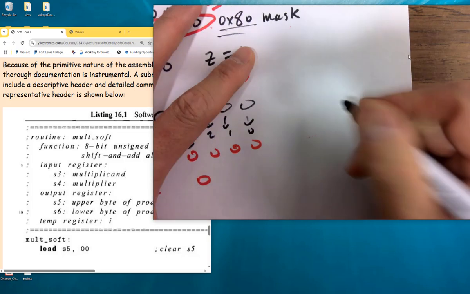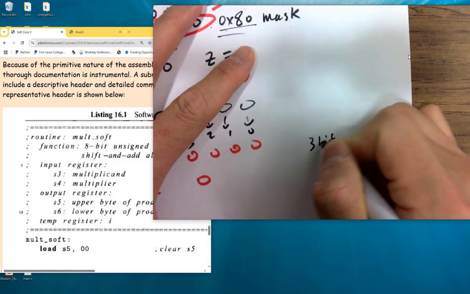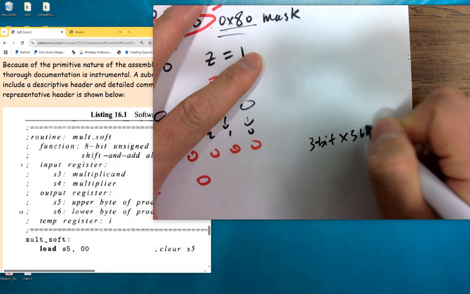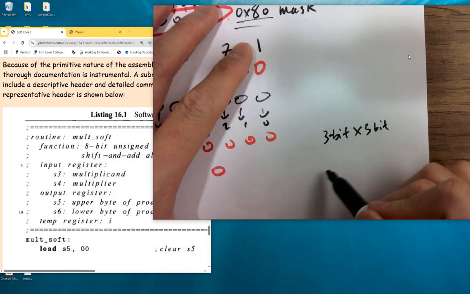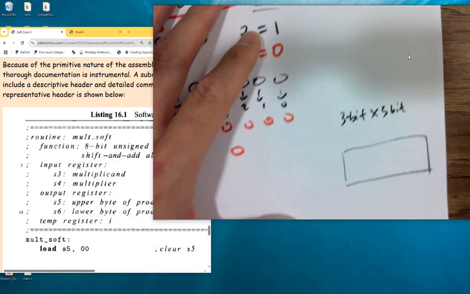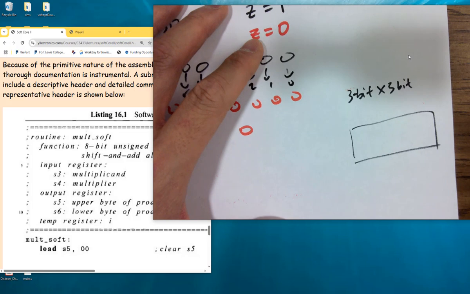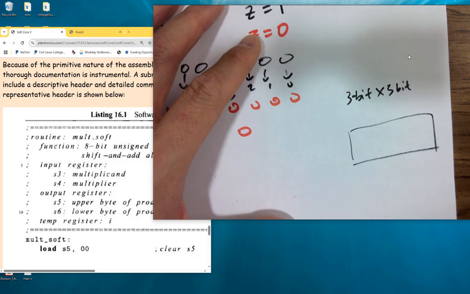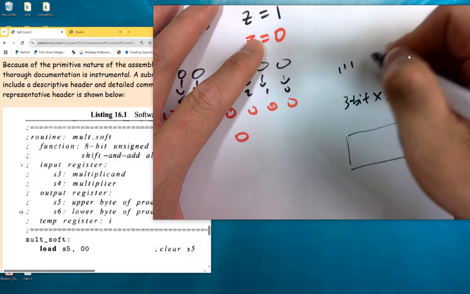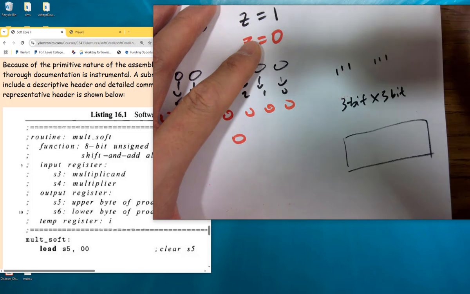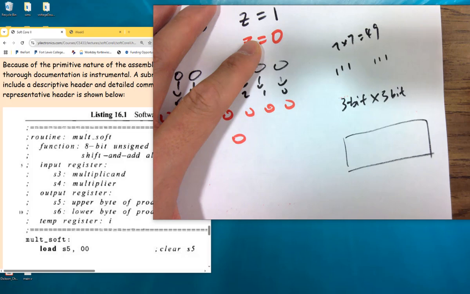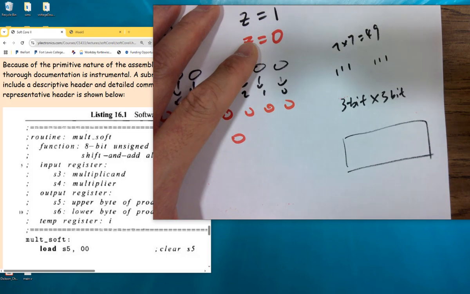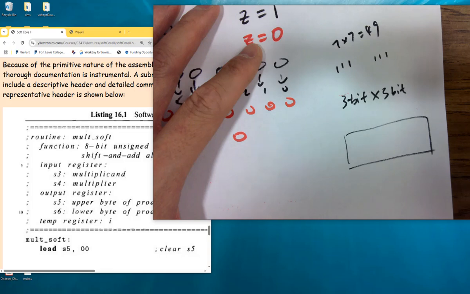If I'm doing a 3-bit binary number times a 3-bit binary number, how many bits do I need to reserve for the space for the product? 9 bits? So let's see, what's the max number of 3 bits? 7, right? So 7 times 7 is 49. So you need 64, which means 2 to the 6th.